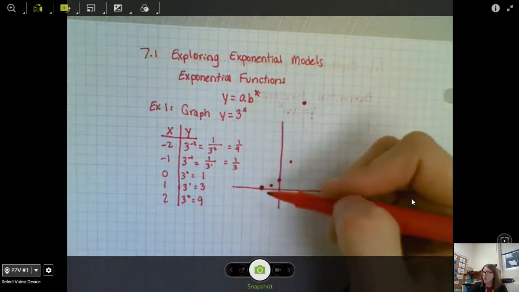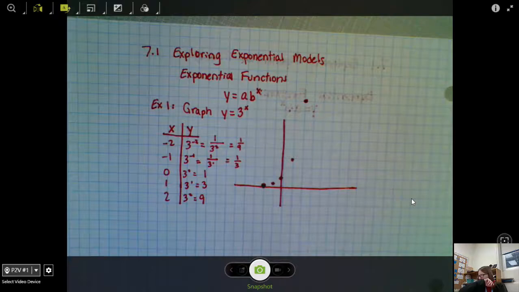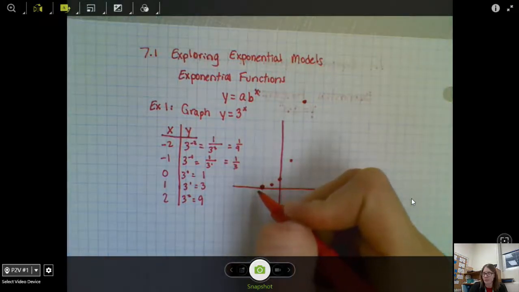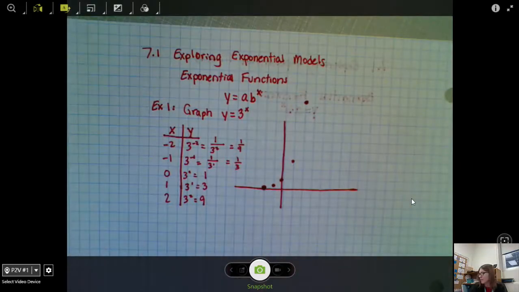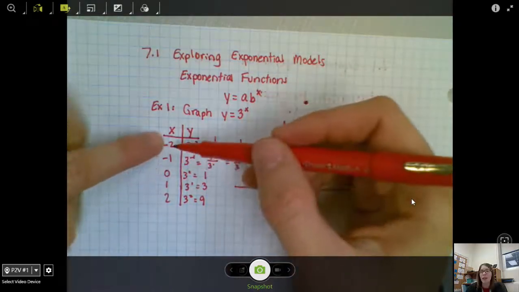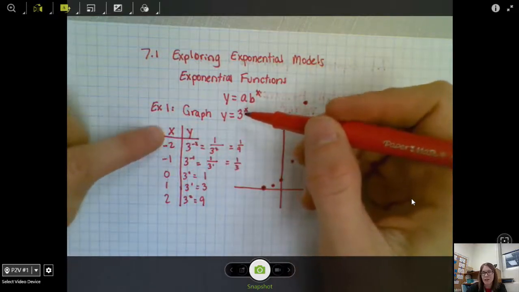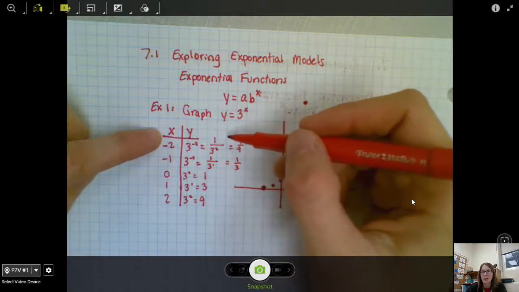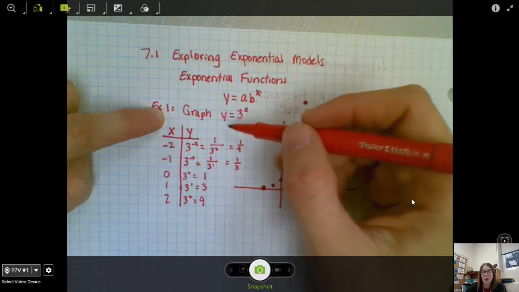I can see here that my y values keep going up. Let's think about what's happening to my y values over here. If I plug in some more negative values for x, I'm just going to get fractions. If I had -3, my y value would be 1/27. -4 would be 1 over 81.